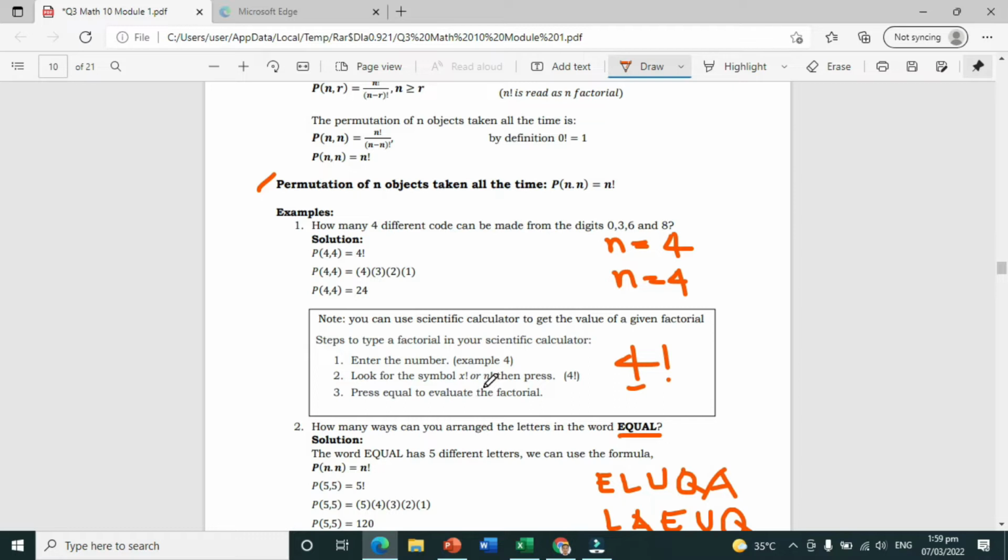Sa ibang calculators naman, n factorial, and then press it. Pagkatapos, always press the equal button to evaluate the factorial. So, tama yung pagka-press nyo sa mga keys, siyempre, you can get this number.